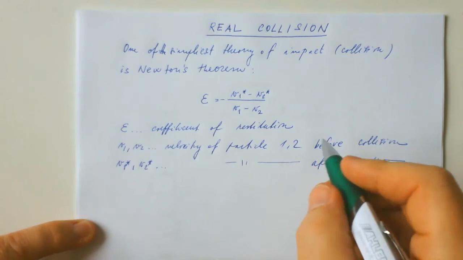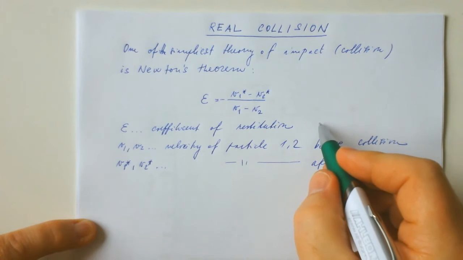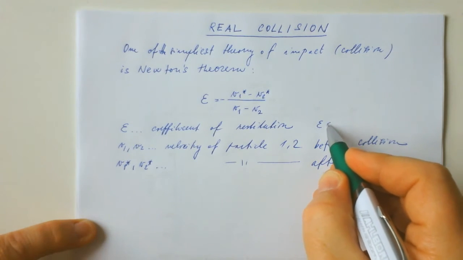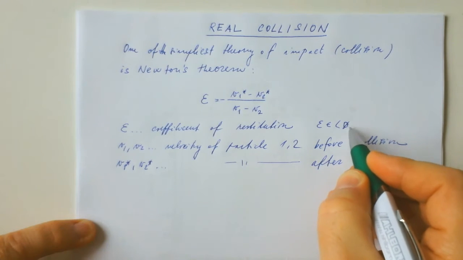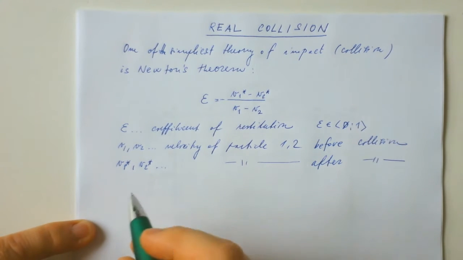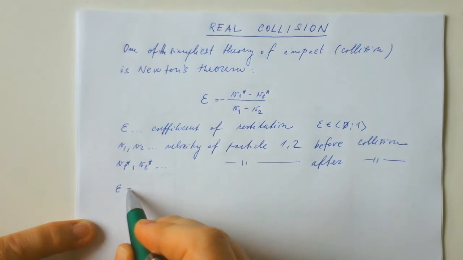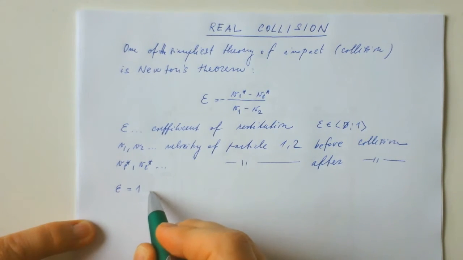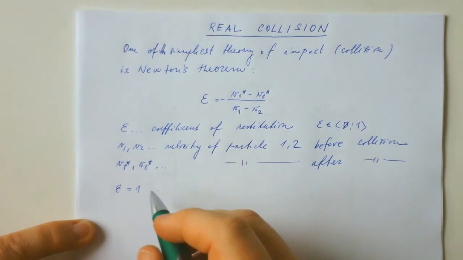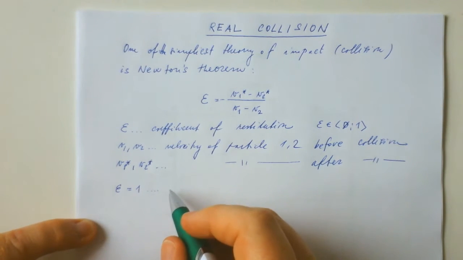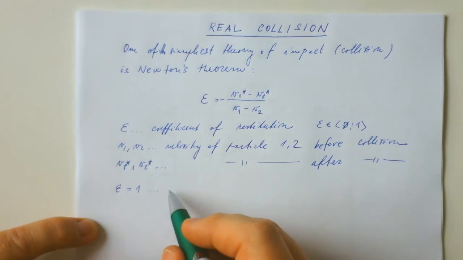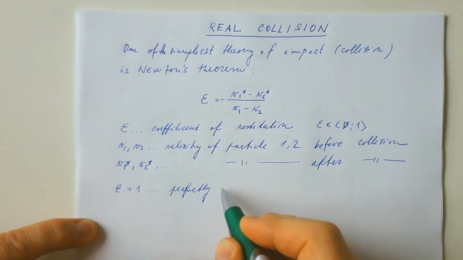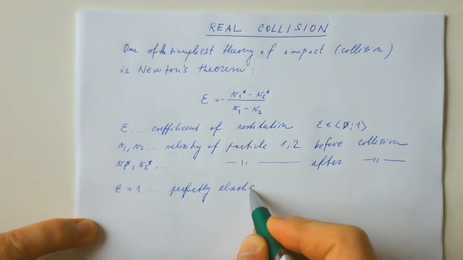Coefficient of restitution is in the interval from 0 to 1, where if epsilon is equal to 1, it corresponds with a perfectly elastic collision.